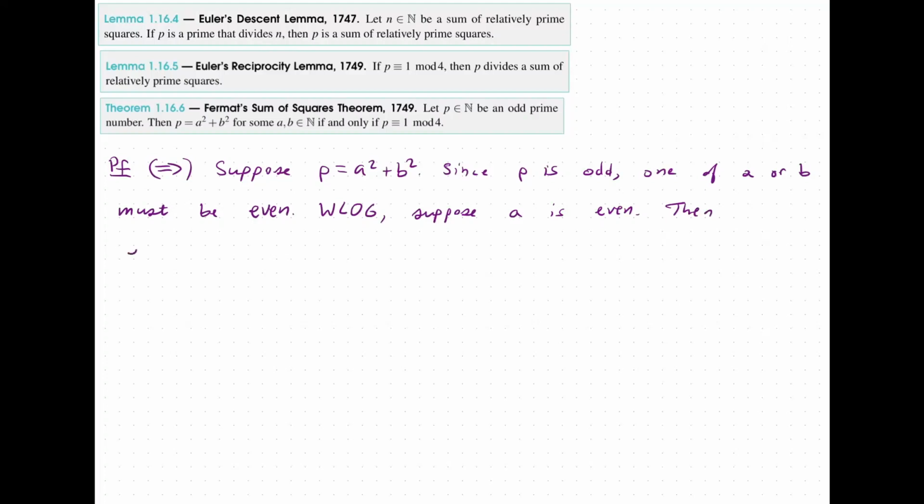Then p is going to be congruent to a squared, which is now 0, and so p is going to be congruent to b squared mod 4. And we actually have, since a is even, of course the other one is odd, so I'm just going to write that there to have everything in here, and b is odd.